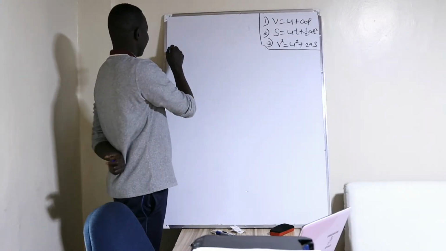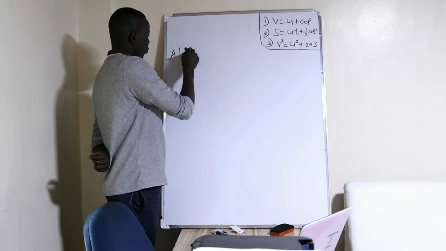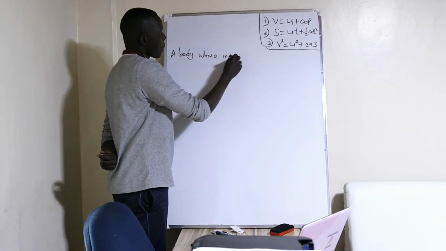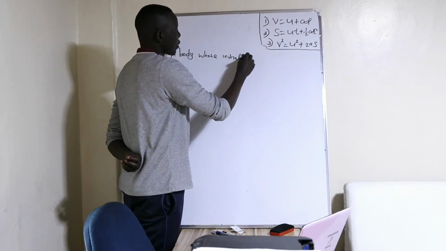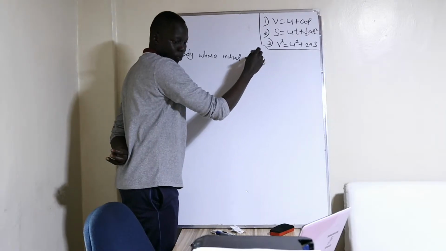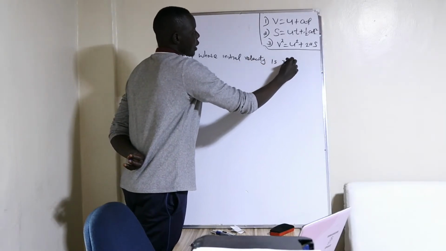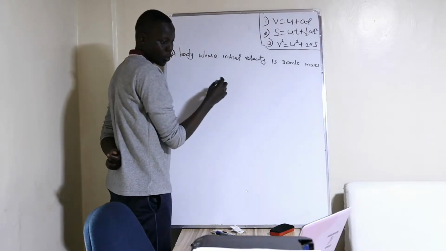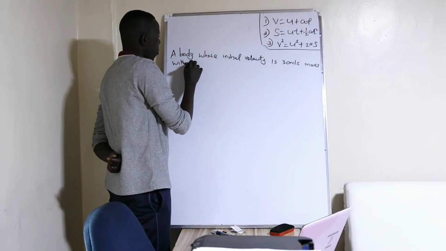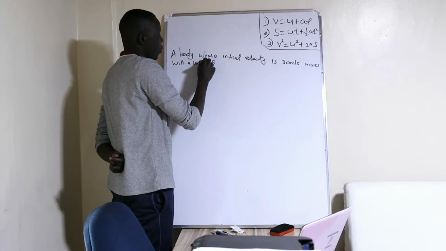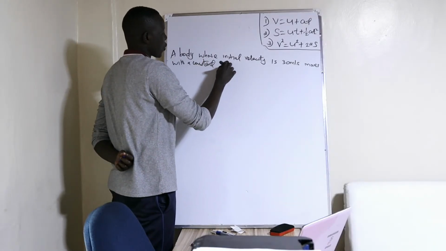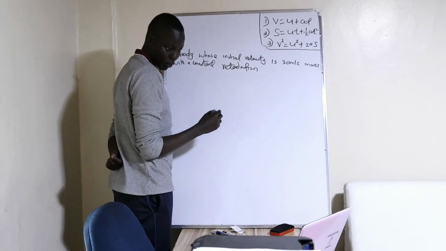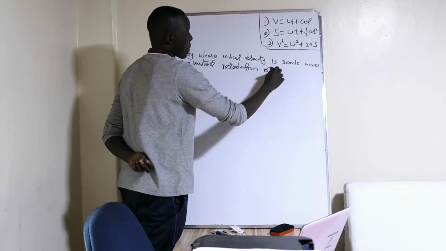A body whose initial velocity is 30 meters per second moves with a constant retardation of 3 meters per second square.